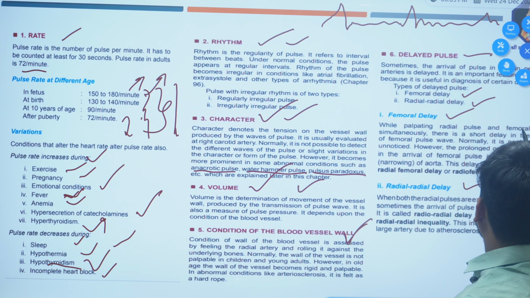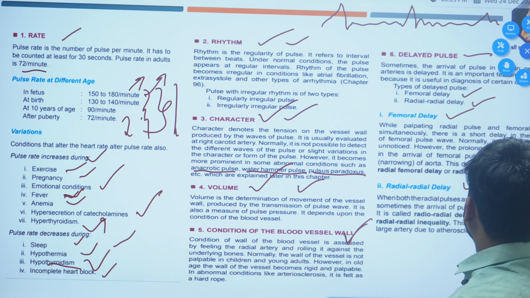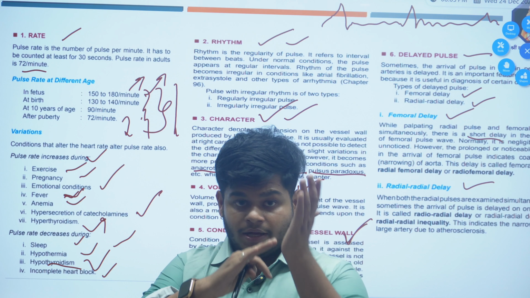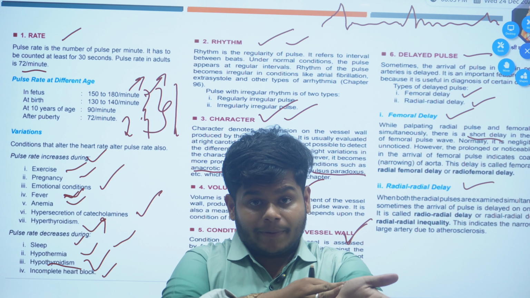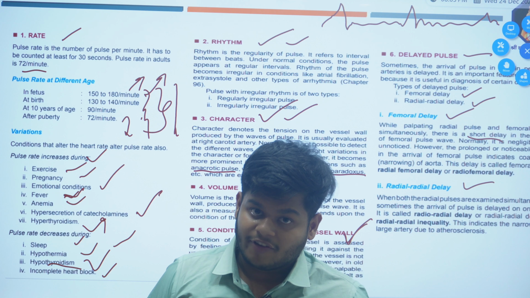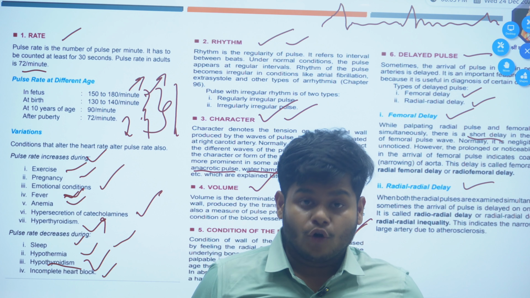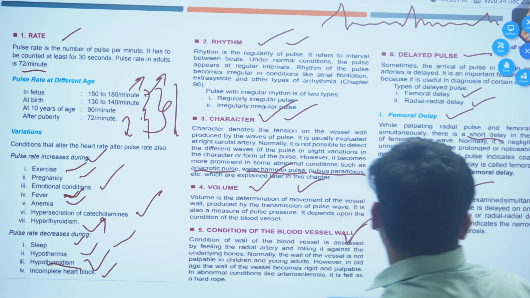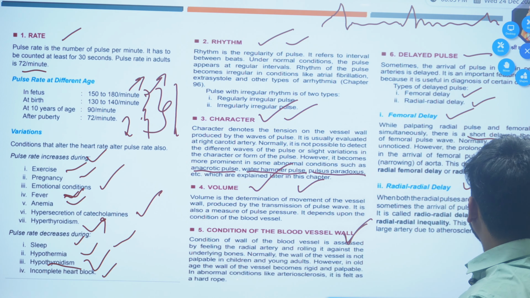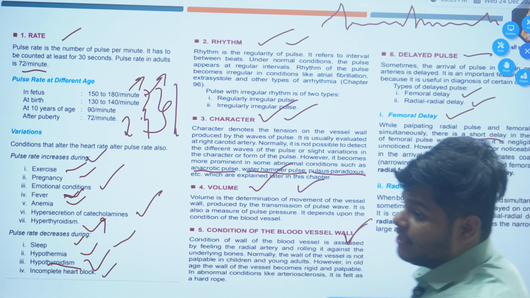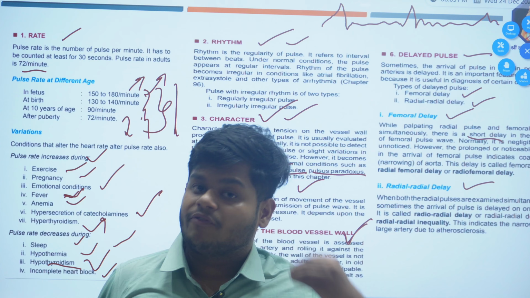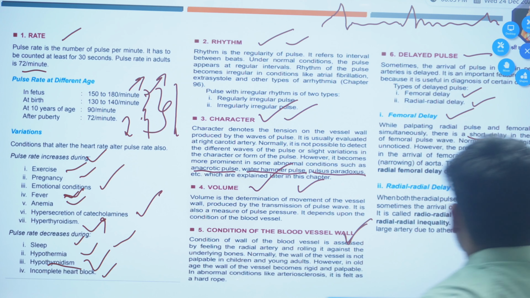While palpating the radial pulse and femoral pulse simultaneously, there is a short delay because the radial peripheral part is farther than the femoral one. This is less, this is more. So there is a short delay, but a prolonged and noticeable delay in the arrival of the femoral pulse indicates coarctation of the aorta, which is again a pathological condition that we will discuss in our next video, right?